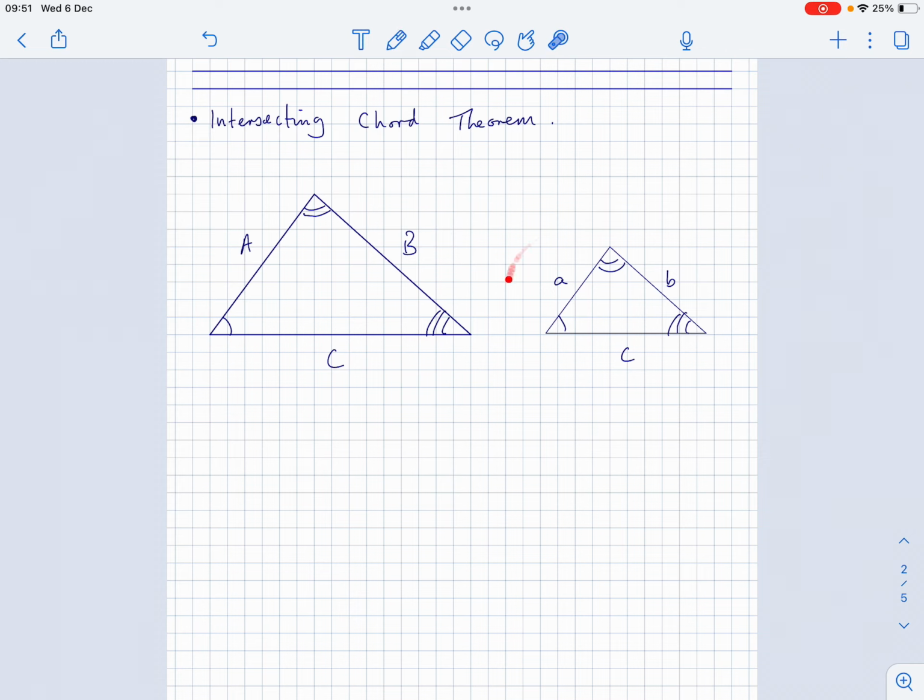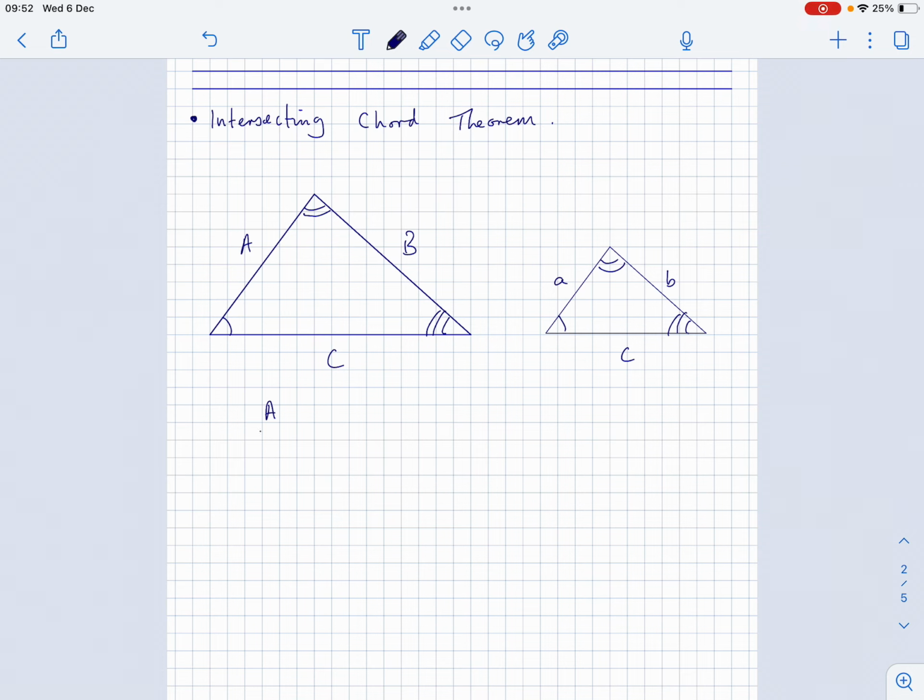So if I started with these sides, I'd have to times them by the same value to create the larger ones, or I could start with the longer sides and divide them by the same value to get the smaller one. That means that they have to be in the same ratio.